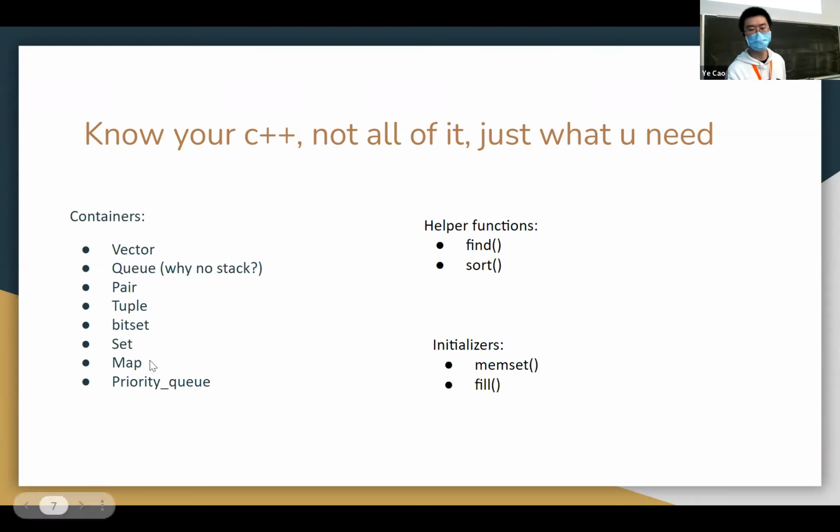And map is very similar to set, except it not only stores the element, it stores the key-value pair. So you can, for example, use string as a key and integer as your value. So whenever you throw in a string, you get an integer returned, for example the ID of the string, something like that.